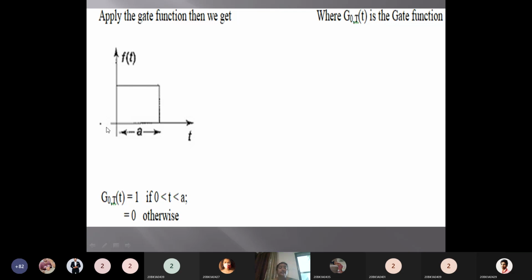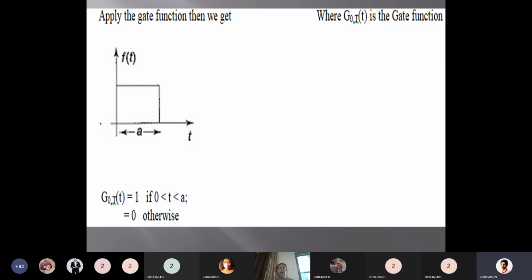Then u of t minus T, that is shifted by T units, will start from here and continue like this. If you subtract this second function from the first function, the leftover function is this one only. Guys, is it clear? Hello, guys, are you following?